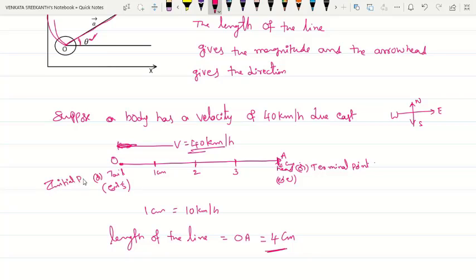I hope all of you understood this. In our textbook this is written as OA bar, a vector OA. OA bar is equal to 4 centimeters in the east direction.